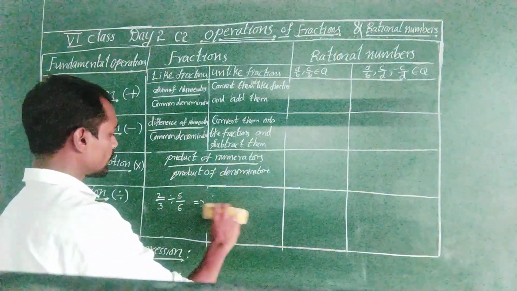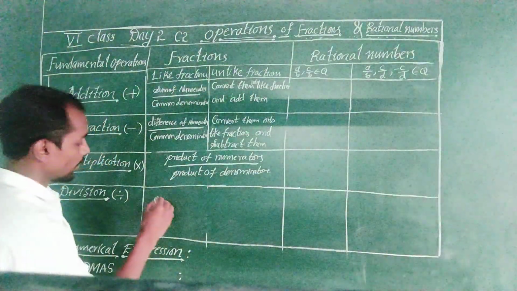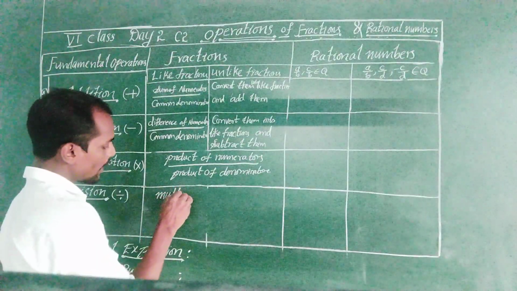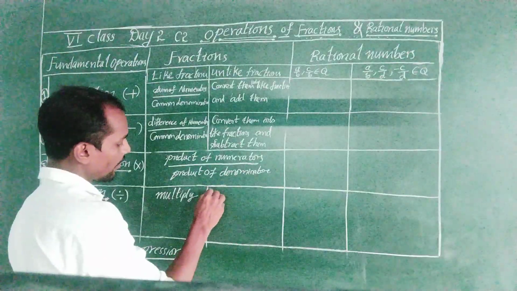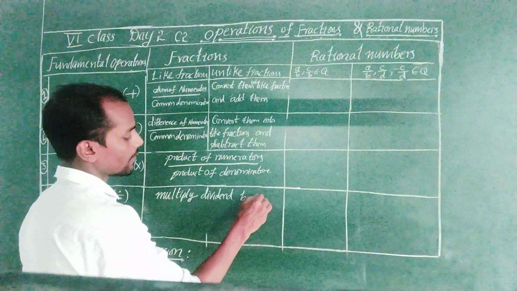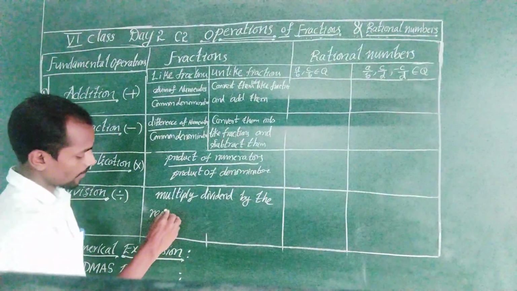Now let us generalize it. Division of two fractions is nothing but you have to multiply the dividend by the reciprocal of the divisor.